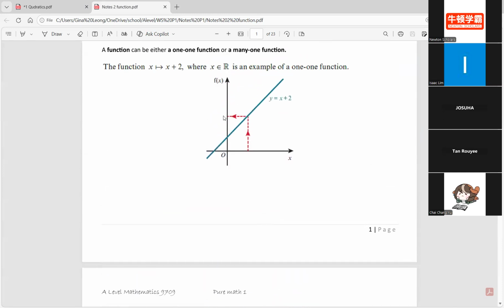That means when you have one x value, you have one y value.